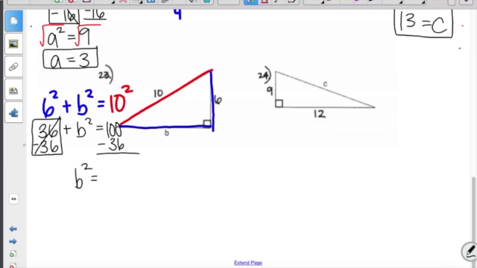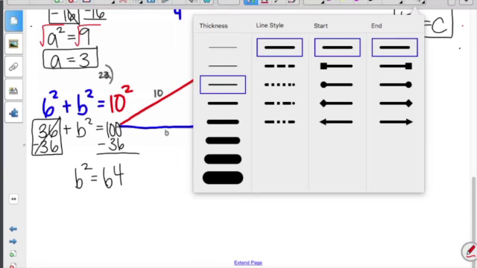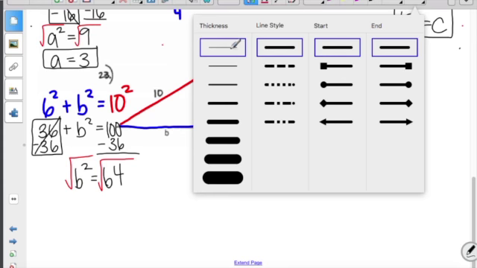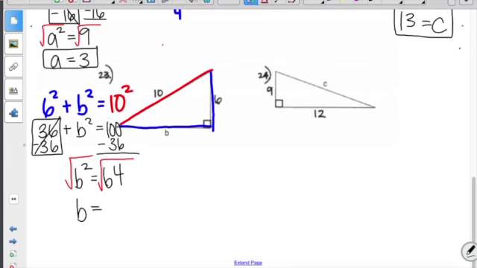So now our last step is to take the square root of both sides to cancel out our squared. So we have b equals the square root of 64. Square root of 64 is 8. So b is equal to 8.